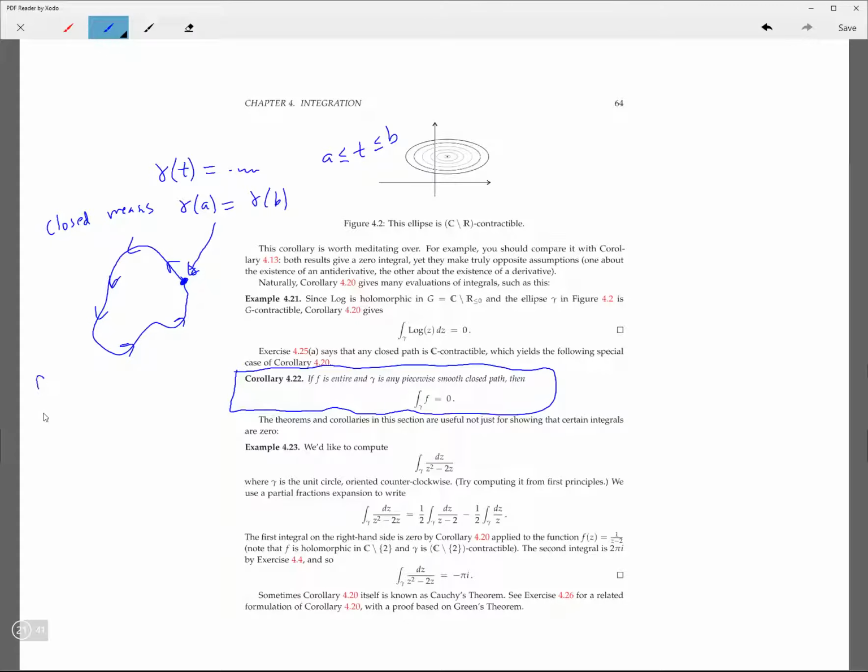But what happens is if you have a function that's holomorphic, then you will find an antiderivative of it.